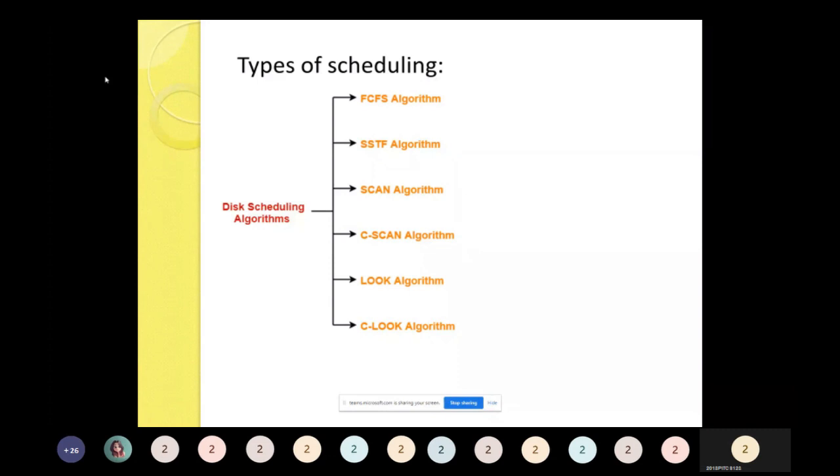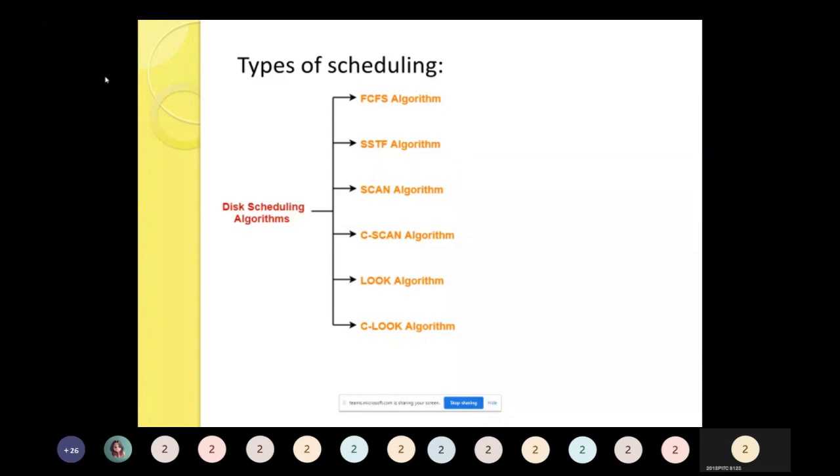These are the basic scheduling algorithms. Among these six, the questions asked repeatedly are from the first three: FCFS, SSTF and SCAN. We're going to solve some problems from these three topics.